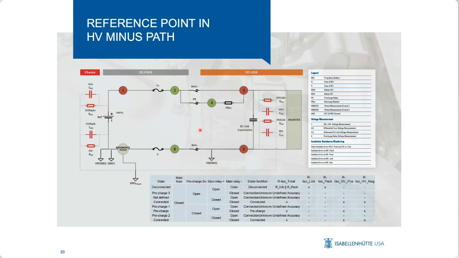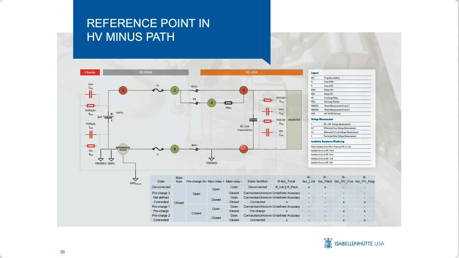The next sensing point that we would set is on the positive DC link side of the circuit, and also one on the negative side of the DC link circuit. So 3 voltage sensing points in total that are marked as red dots in this diagram.